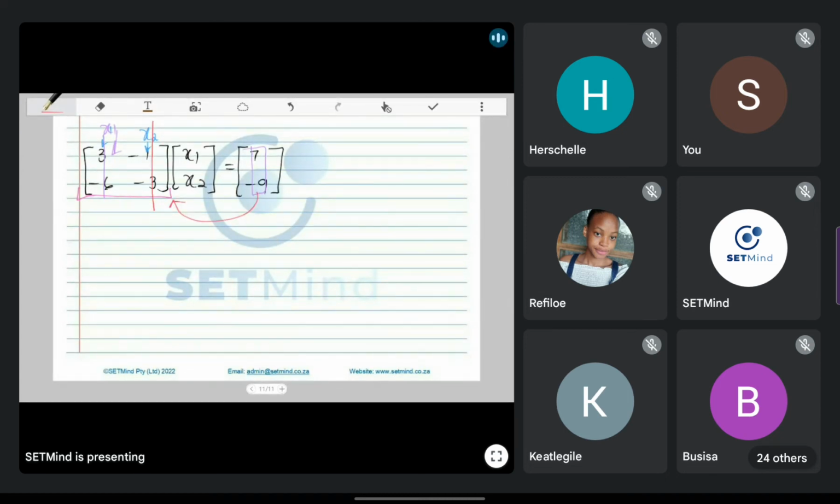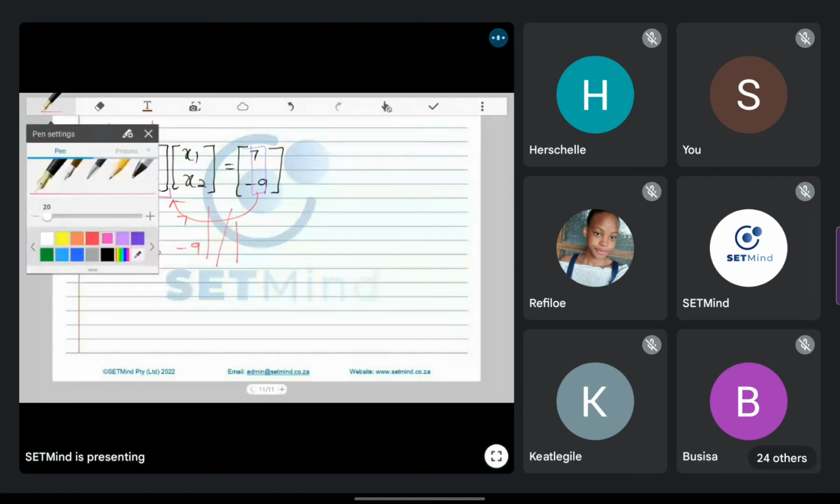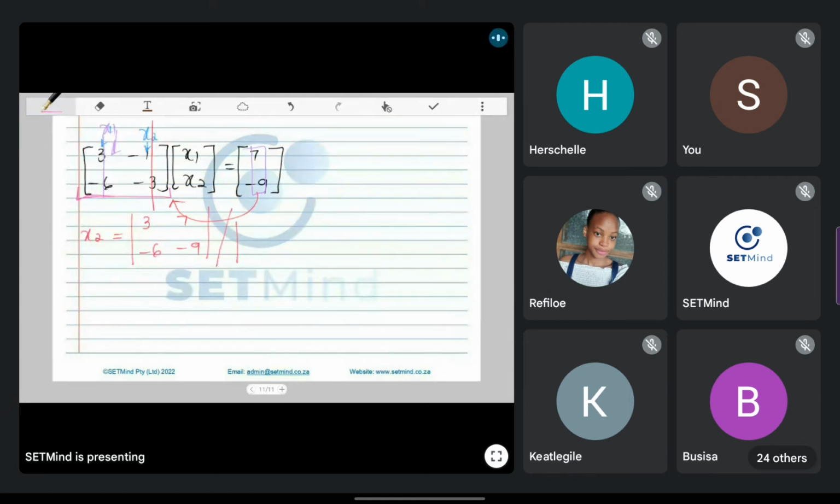So my x2 is going to be 3 minus 6, 7 minus 9, all divided by the original matrix here, like I did on the previous page, which is 3 minus 6, minus 1 minus 3.